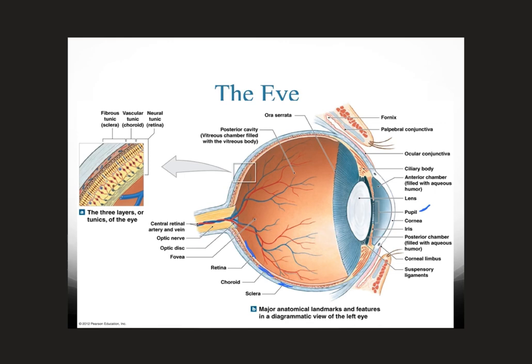Around the iris, we're going to have this continuation of muscles here that's called the ciliary body, right over here. And then we're going to have a couple of compartments. So we have two major compartments. We have what we call an anterior cavity, and then on the back a posterior cavity.